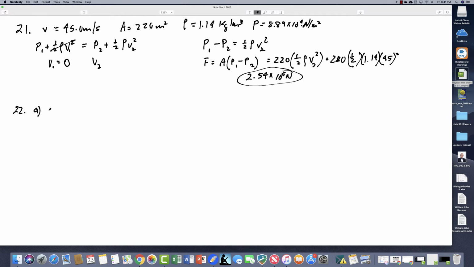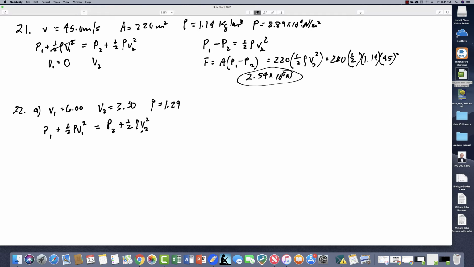So first, let's do the calculation. We have V1, which is on the one side, is 6, and V2 on the other side is 3.50. And we have rho is equal to 1.29. Again, with Bernoulli's equation, we don't need to have the rho g h because it's not part of the situation. So P1 plus 1/2 rho V1 squared is going to equal P2 plus 1/2 rho V2 squared.